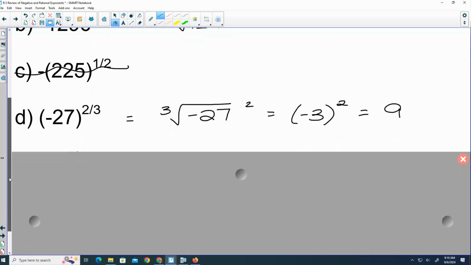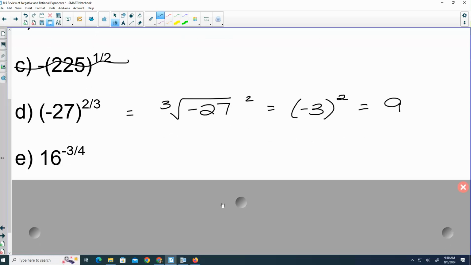Last one of these. If I say 16 to the negative 3/4, does the negative just go in front? That's it. It's on my exponent. What does a negative exponent mean? It goes over one. It's 1 over. It moves it to the bottom.